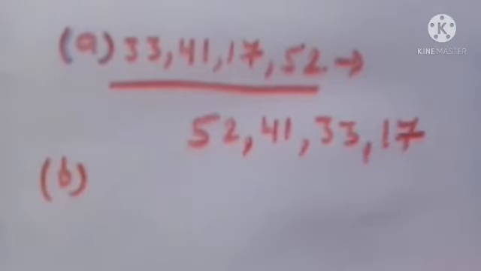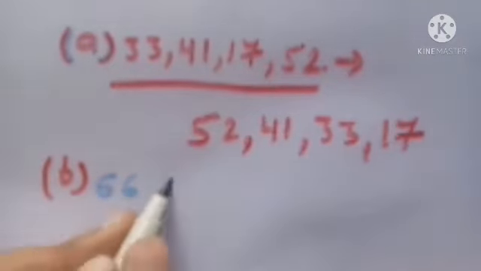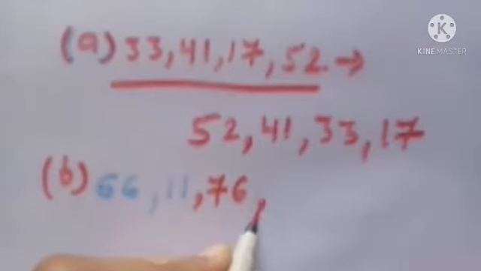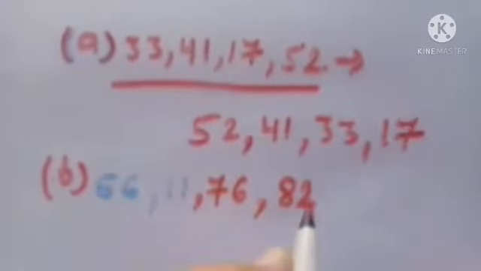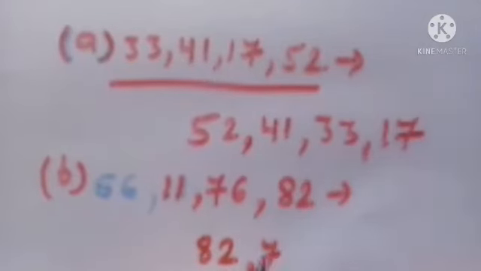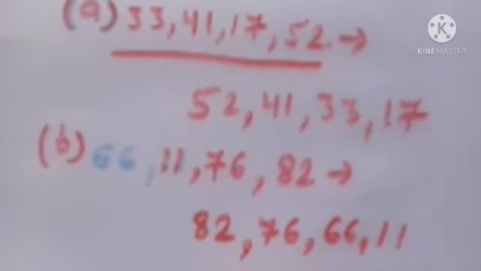In B, there are 66, 11, 76 and 82. Which is the largest number? 82. Okay, 82, then 76, then 66 and in the last 11. 11 is the smallest number.